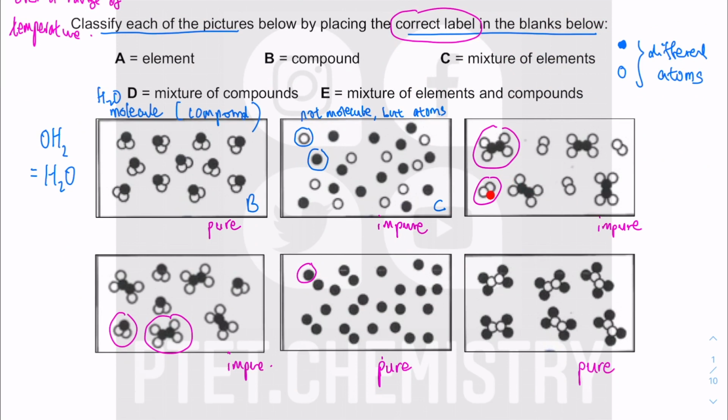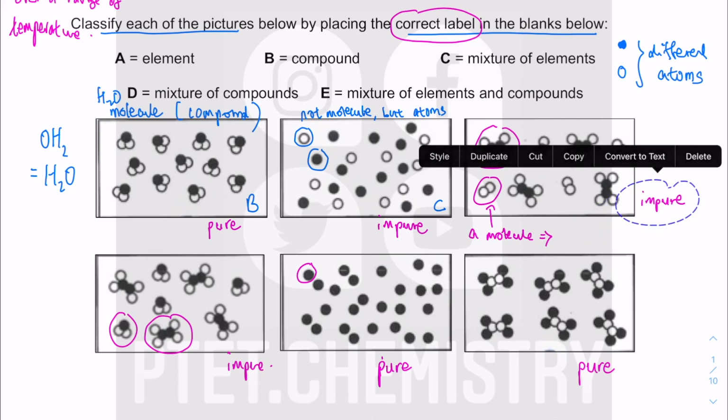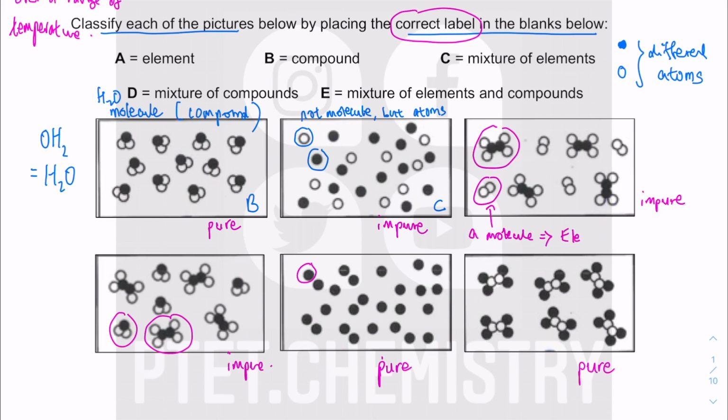This is a molecule, okay, so it's a molecule, but in terms of is it an element or compound or mixture, so we would say that that is definitely an element, because you know it only contains one kind of atoms, because both are the white colored one. And this is a molecule, but it's a compound, because it's not only one type of atoms.